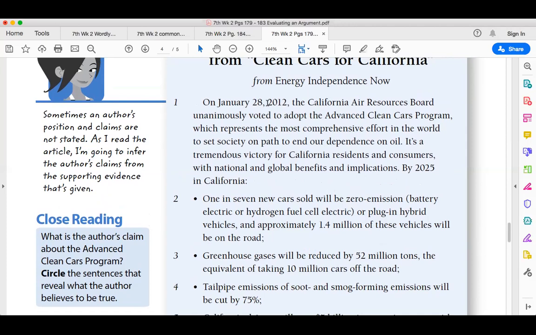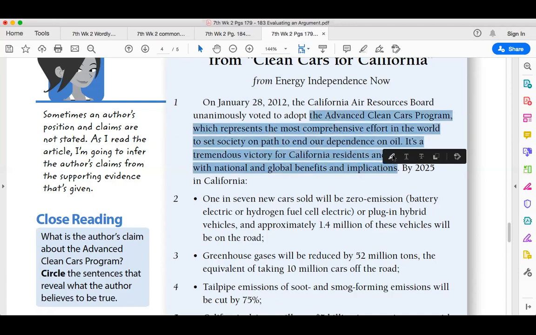It's a tremendous victory for California residents and consumers with national and global benefits and implications by 2025 in California. And then it's going to give you each one of these. So his claim is right here, and it's going to go all the way to here. I'm going to push the little highlight thing. So that's the claim, talking about how we're going to end dependence on oil.